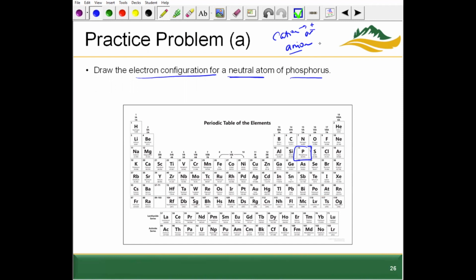An anion has gained an electron to be negatively charged, gained 1 or more electrons. Cations have lost 1 or more electrons. For this practice problem, we're going to draw out the electron configuration for a neutral atom of phosphorus, but we will practice with ions. Here, this is not an ion, it's just the neutral form of phosphorus.